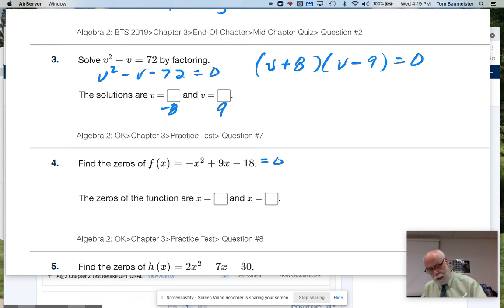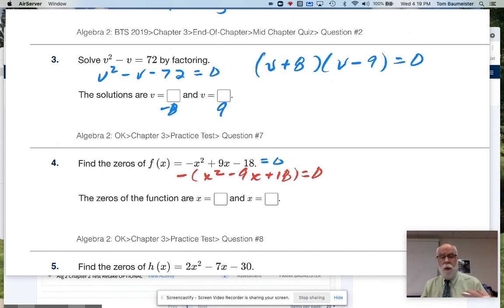On this one right here, there's a negative in front of the x squared term. Remember, I suggested that you factor that out, and whatever you have left, just change the sign. So we're going to do x squared minus 9x plus 18 is equal to 0. So again, now think, I'm going to divide that negative 1.